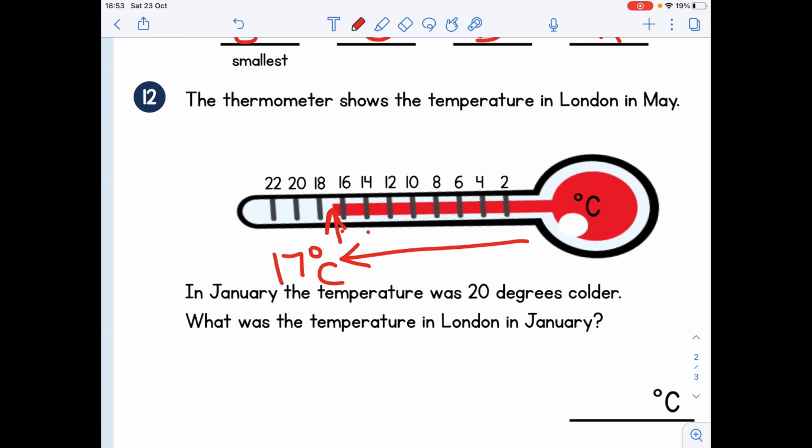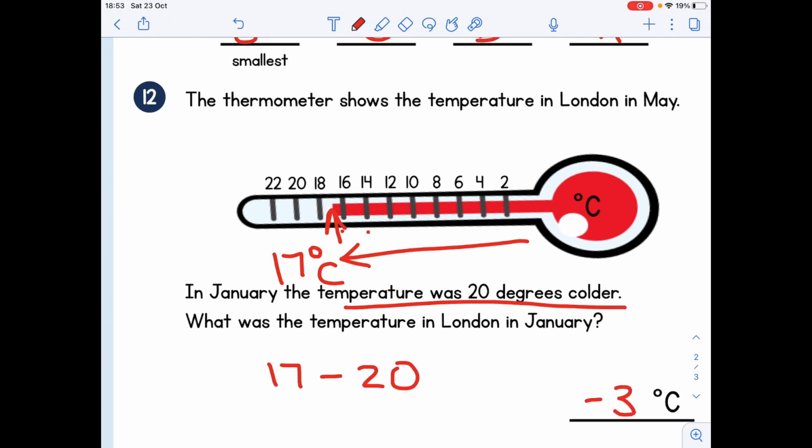In January, the temperature was 20 degrees colder. So we're going to do 17, take away the 20, and that's going to end up being -3.